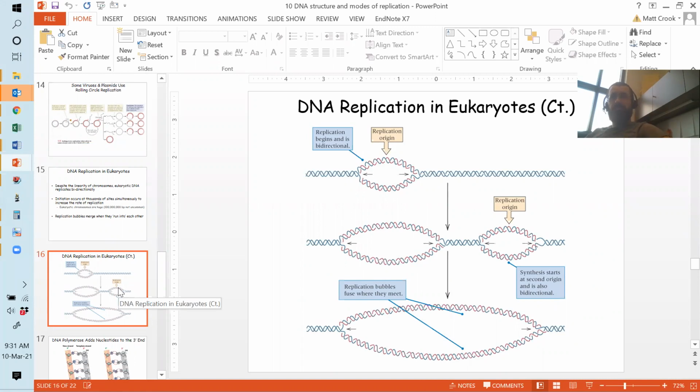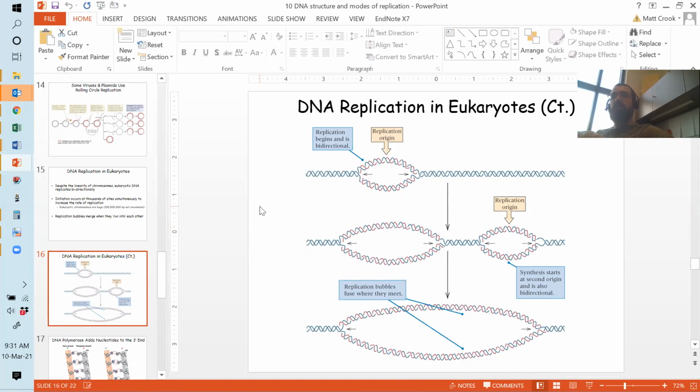Some bacteria can divide in 20 minutes, for example. Mouse cells and human cells take about a day to divide, right? And most of the reason for that extra time is the time taken to copy the DNA, right?